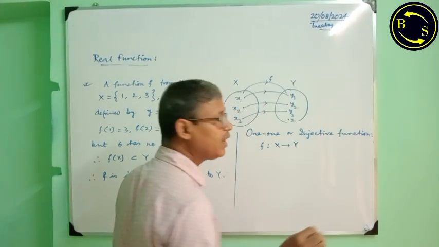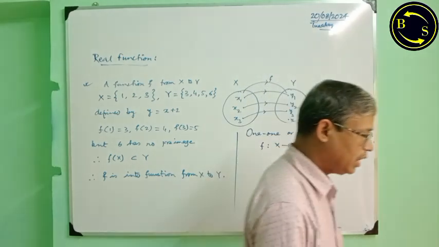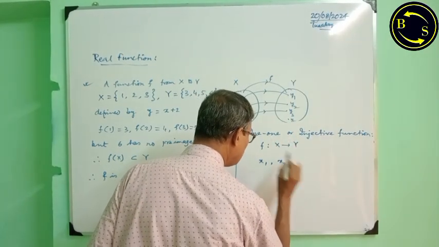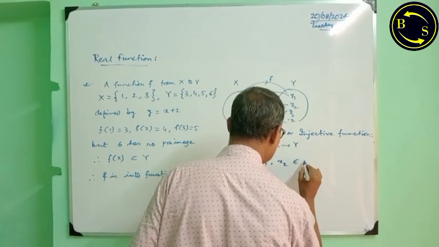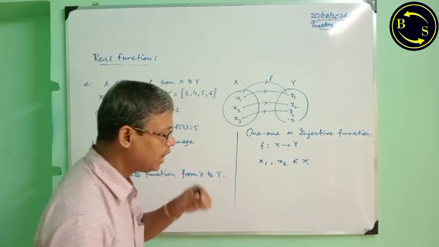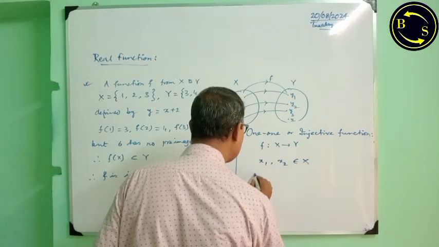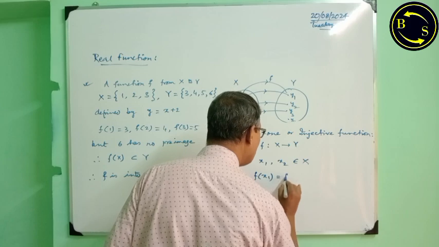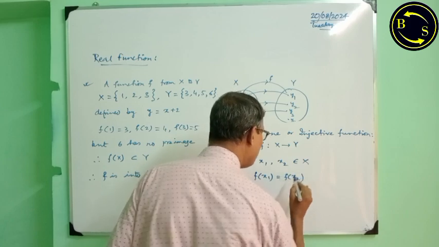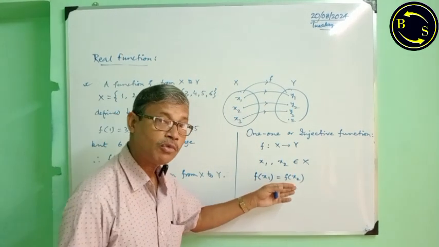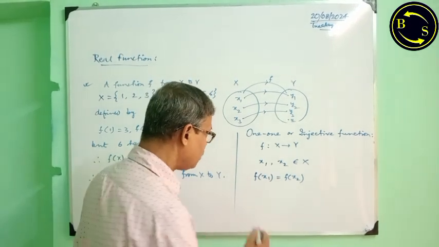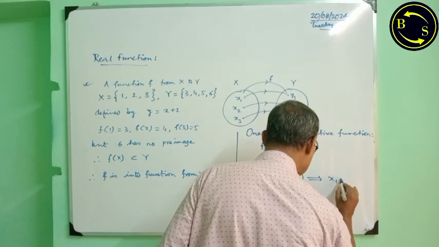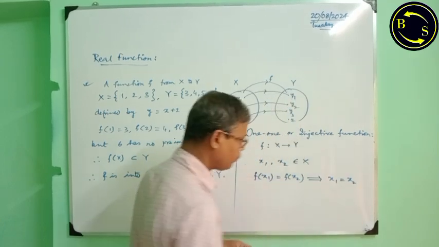Now, let us clarify the term unique. Actually, if we take x1, x2, two different members of x, and if we find their images are the same or equal, that will be possible if x1 is equal to x2.